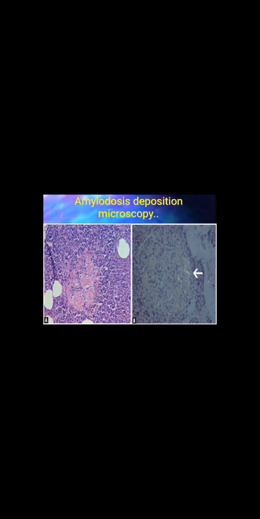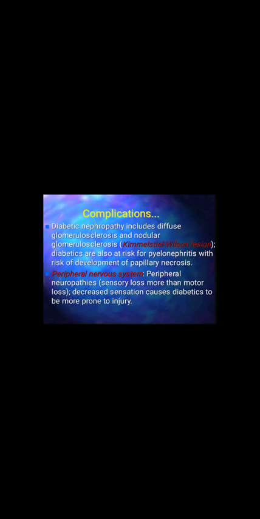More of the complications: we have seen diabetic nephropathy, and we have seen it can cause peripheral neuropathies. There is more sensory loss in patients than motor loss, so patients rarely feel pain, and that predisposes them to even more injury.